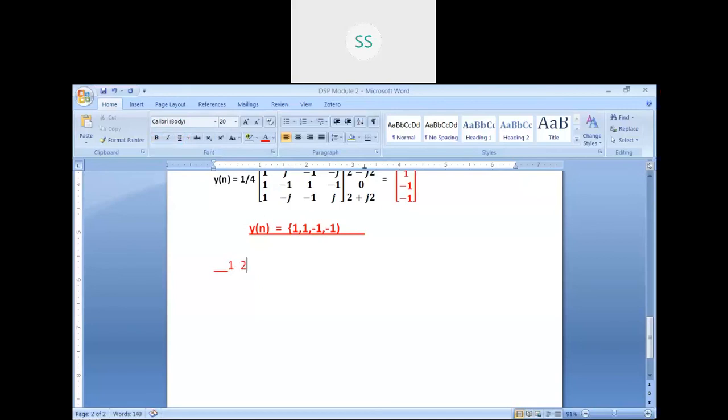First, you take the given sequence. There is no need to worry about the length and all. You take the sequence as it is and start the linear convolution operation.